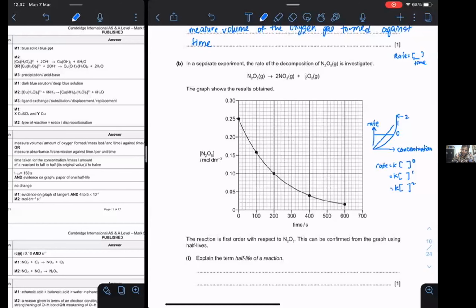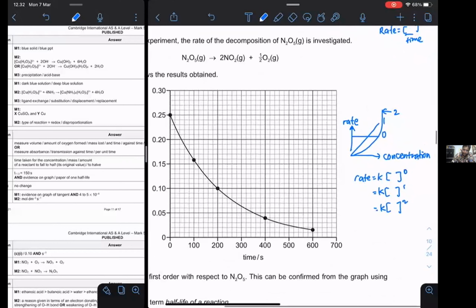Another graph that we need to focus on is concentration against time.